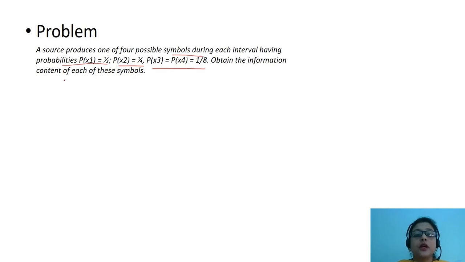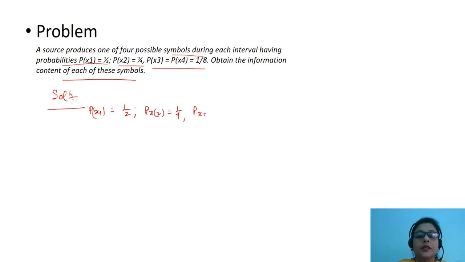Obtain the information content of each of these symbols. Now let us understand how to solve this problem. It is given px1 equal to 1/2, px2 equal to 1/4, px3 equal to 1/8 and px4 also equal to 1/8.